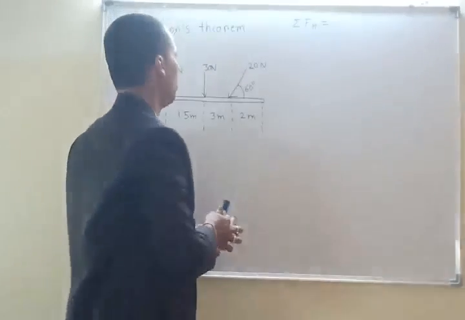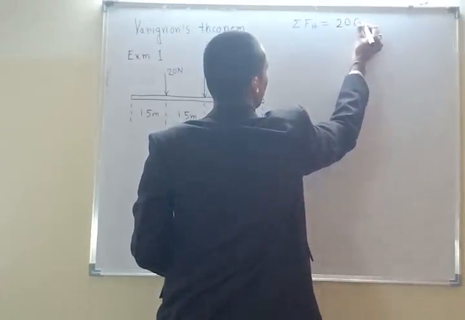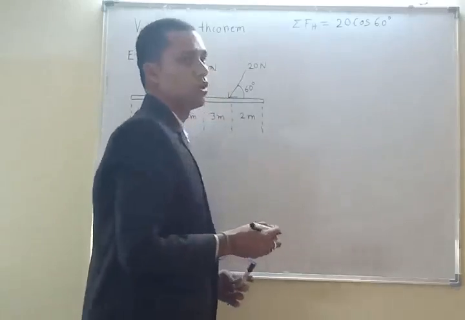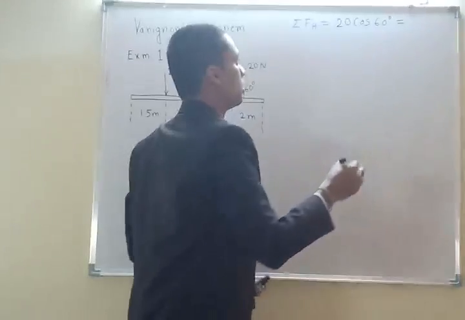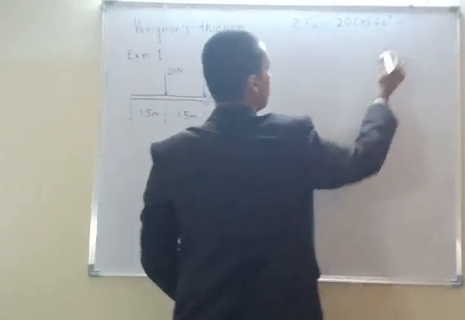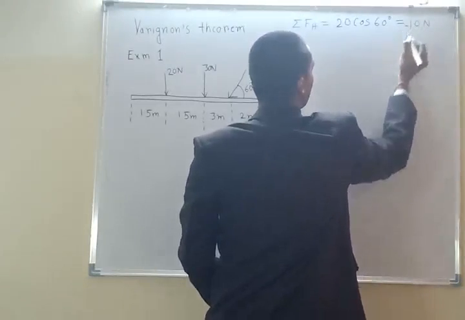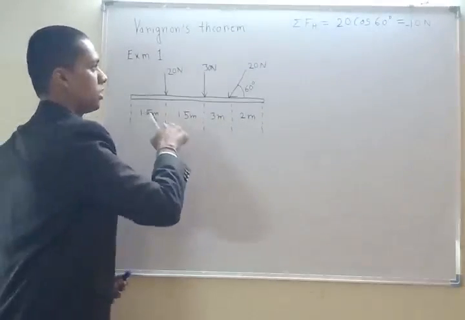So what I can do is 20 cos 60 degree. It is only horizontal, and cos 60 degree is half, so that is going to be 10 Newton in the negative x direction.